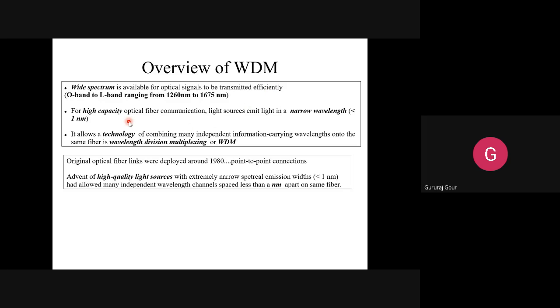The second aspect we can see is the high capacity of optical fiber communication. Light sources emit light in a narrow band. Now we can see a few reasons which have contributed to the evolution of WDM. Until WDM was invented, we had only TDM and FDM.